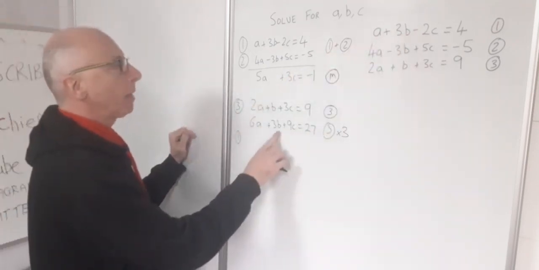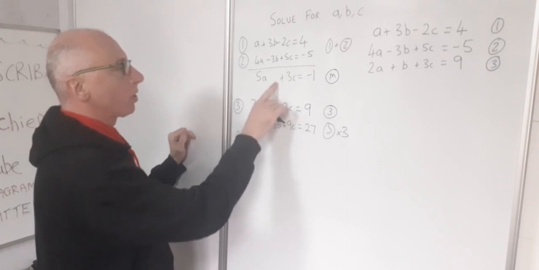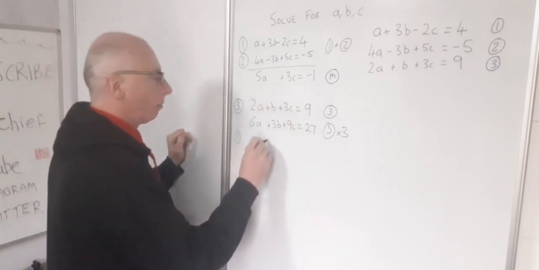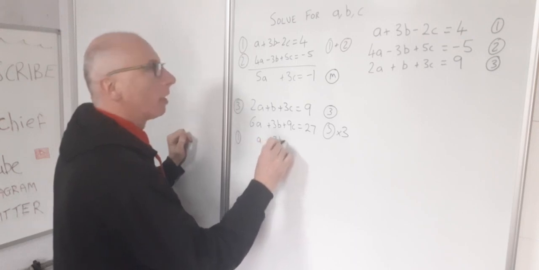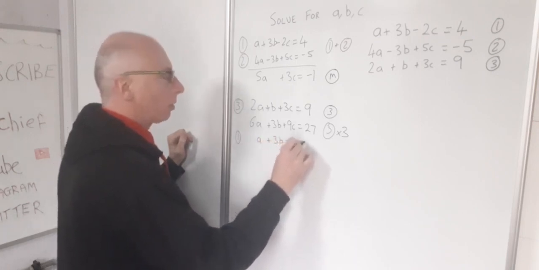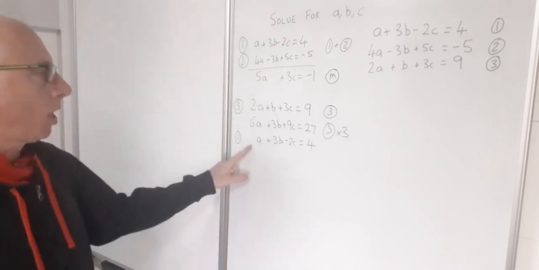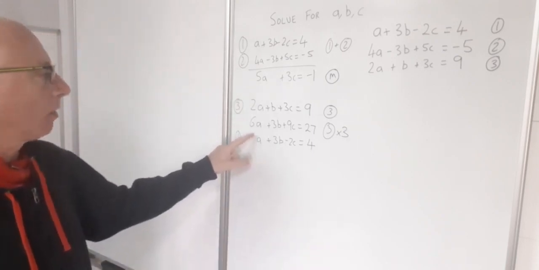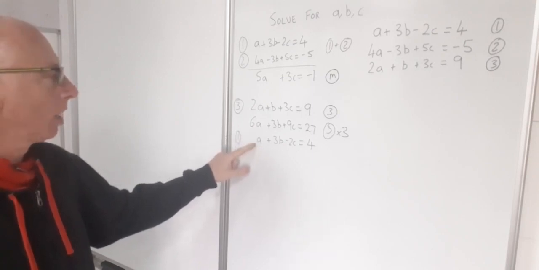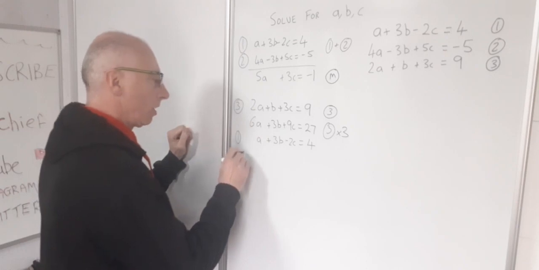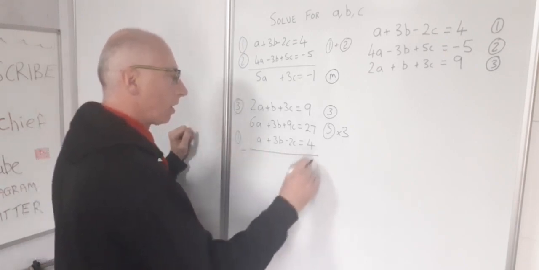So I've got the 3b matching, which is my goal because I want to end up with just the a and c. Okay. Now what I can do is subtract these two. That way then I'll get these b terms to disappear. So let's subtract these.